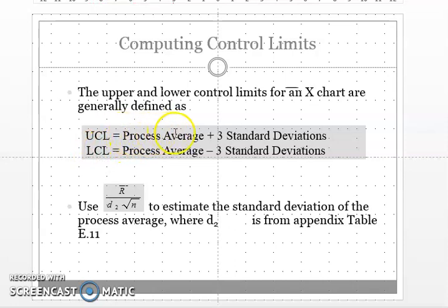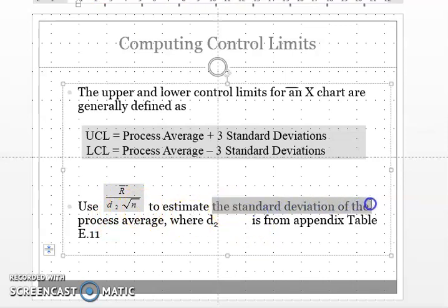Already you know upper control limit is process average plus 3 into standard deviation, and lower control limit is process average minus 3 into standard deviation, or 3 sigma, we can say that. Here you can also use R bar divided by D2 into under root n to estimate the standard deviation of the process average.